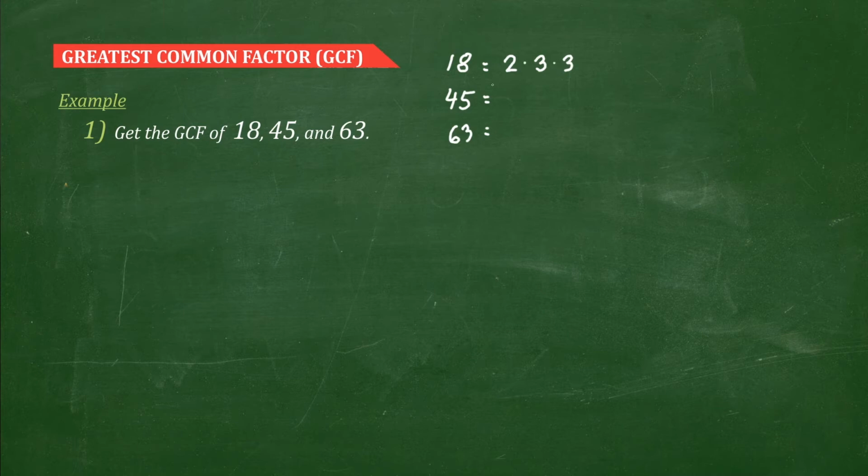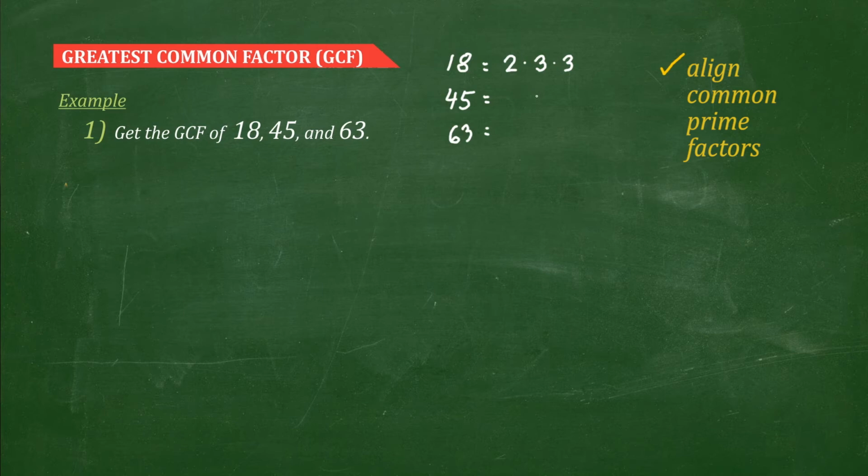Now, take note that when using prime factorization to get the GCF, aside from writing the prime factors, we should align common prime factors. So let's apply that, and this time, let's break 45 into primes. 45 is not divisible by 2. However, it's divisible by 3, so let's write 3 here.